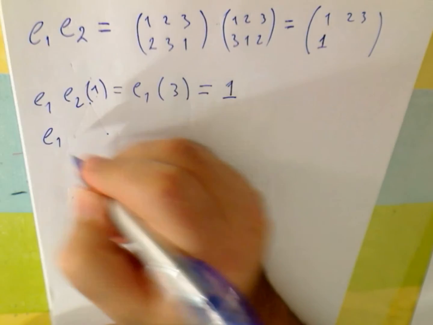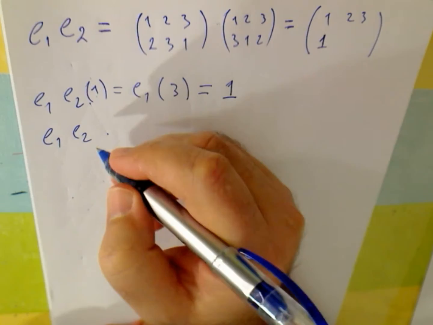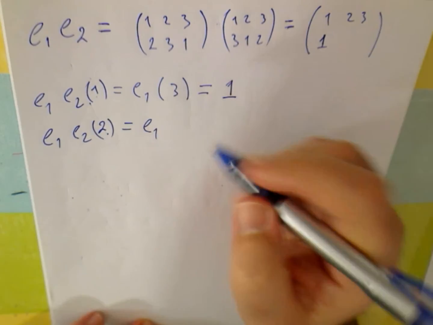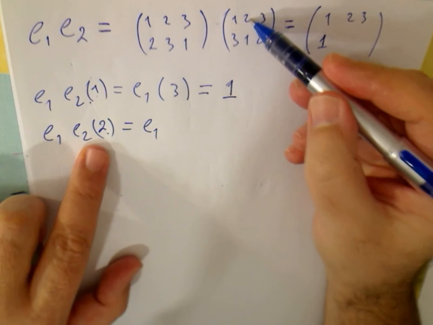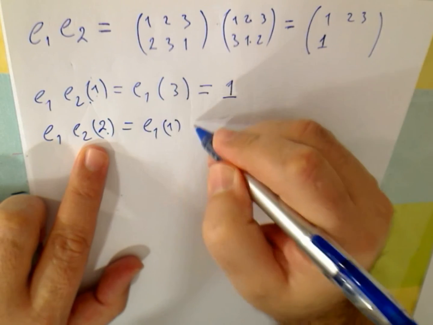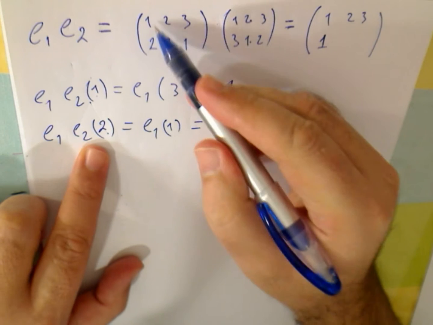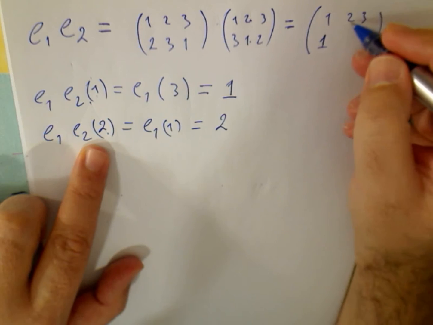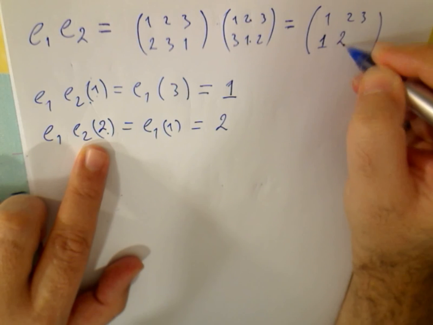And what is R1 times R2 of 2? R2 of 2 goes to 1, so R1 of 1 goes to 2. So 2 goes to 2.